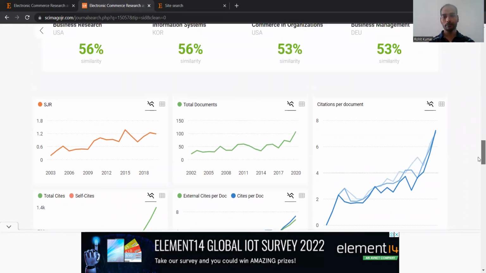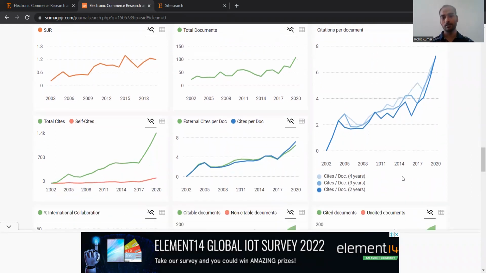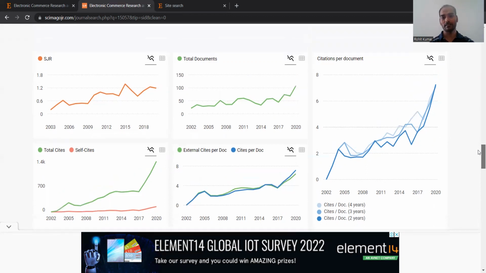Now coming to citations per document, obviously the number of citations went up, and it is going up in the last 2 years. This bold line is the line for the last 2 years' citations per document, and it is performing better than the last 3 or 4 years, which is quite obvious due to the total number of documents.